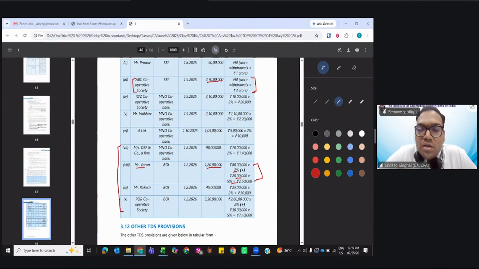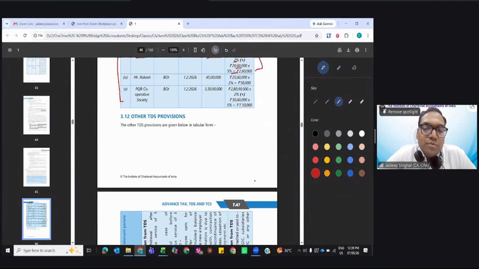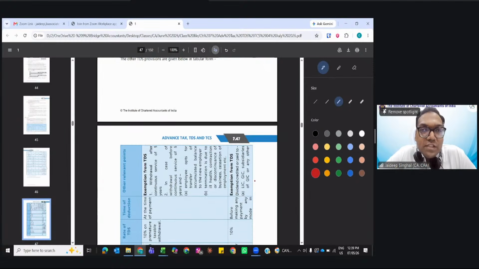Okay. See, if you look at it practically, there are many TDS provisions. We have studied a lot of provisions, but there are a lot more. If they had given all the provisions in such detail in your book, this chapter, which is 132 pages, would have crossed 200 pages.